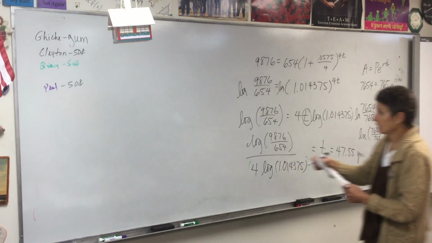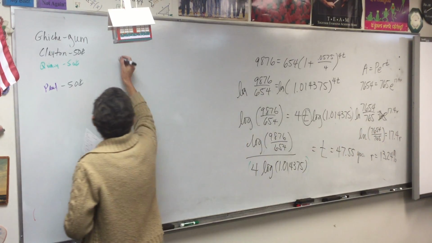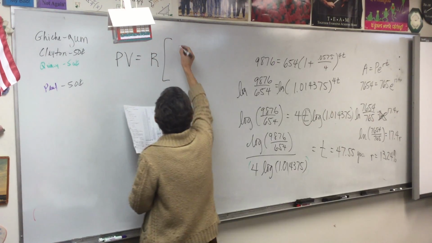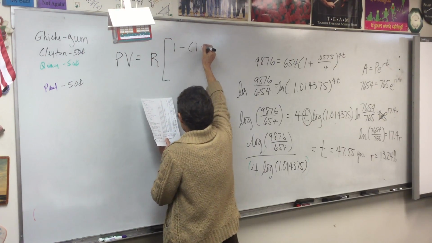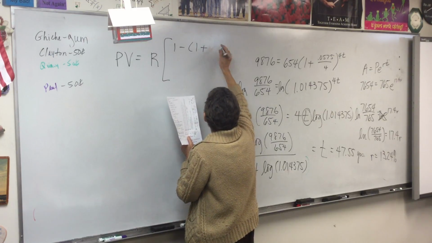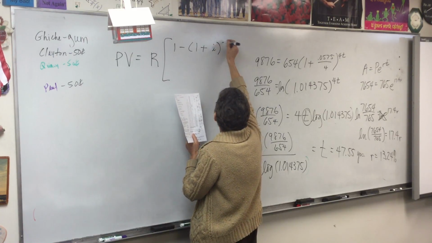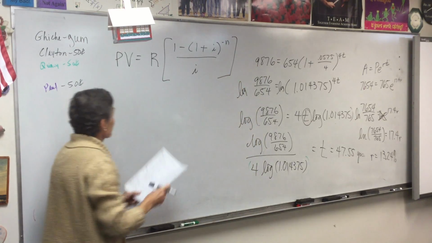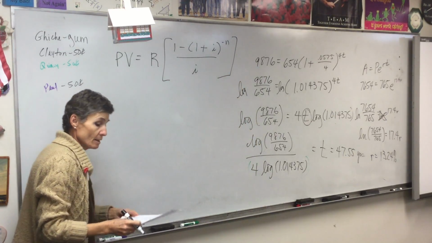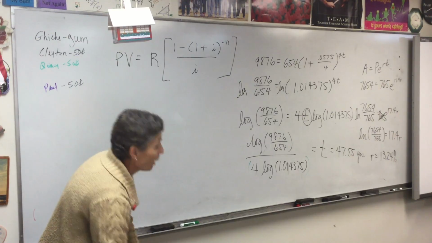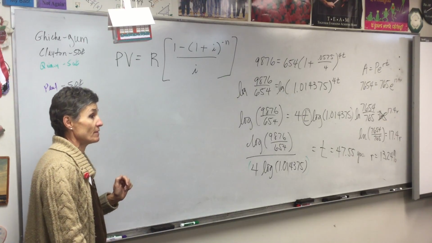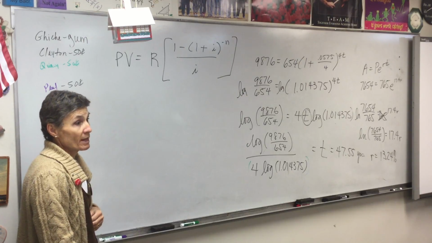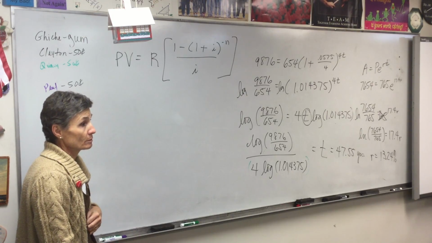So the formula, which I don't have written down, but I'm going to go ahead and write right here. Okay, so here's my formula, and those will be provided. You'll have to decide if it's FV or PV. In this case, it's a PV, because we're paying off an existing loan.